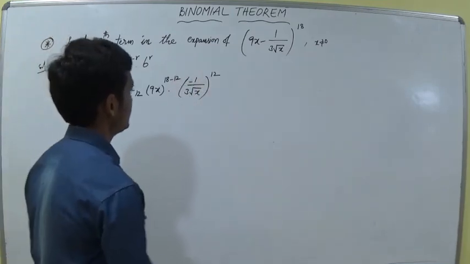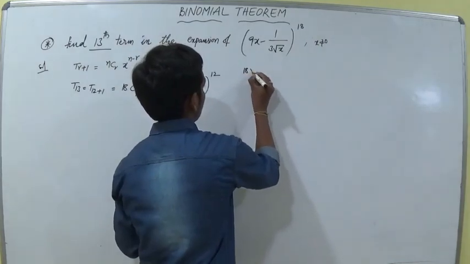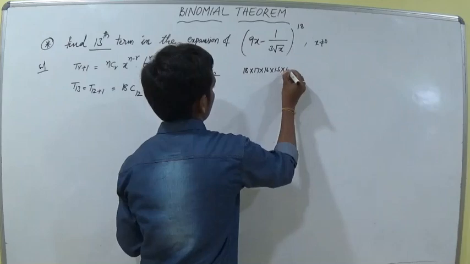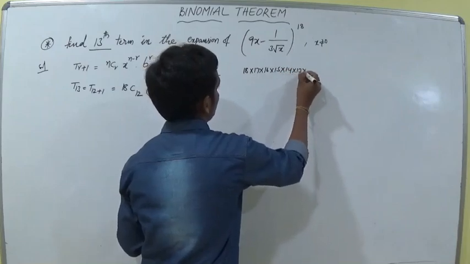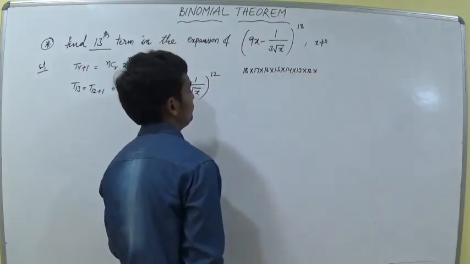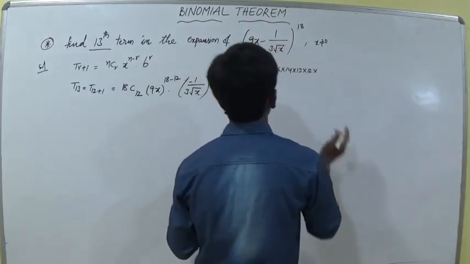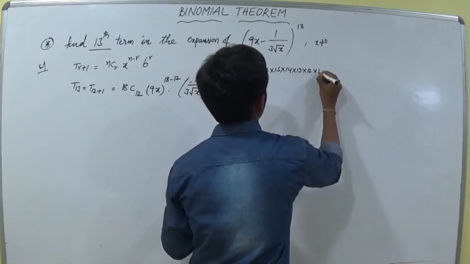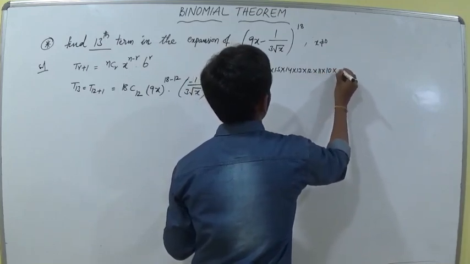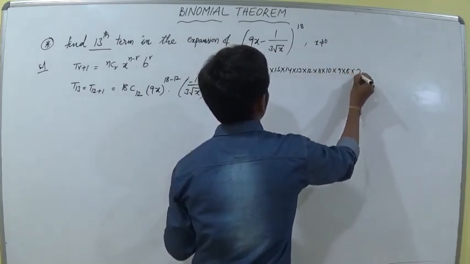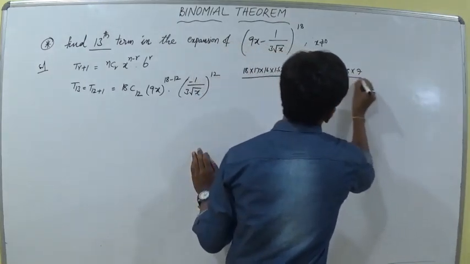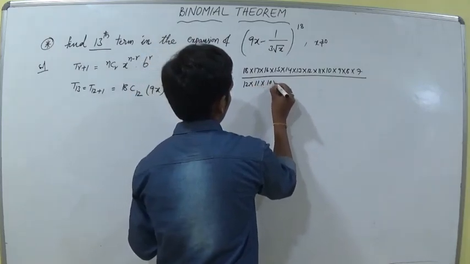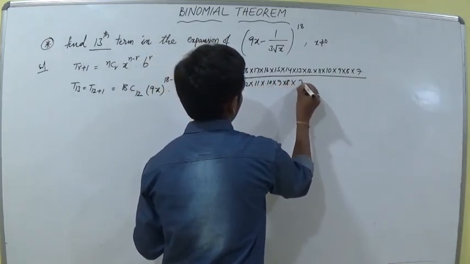Now we can simplify 18 C 12: 18 into 17 into 16 into 15 into 14 into 13 into 12, divided by 1, 2, 3, up to 12.